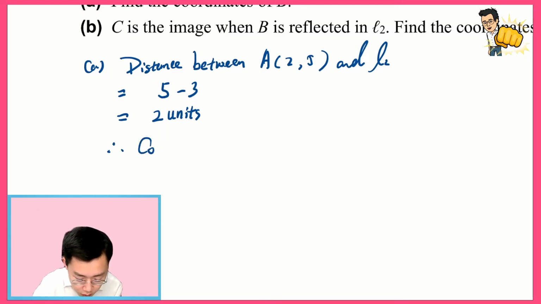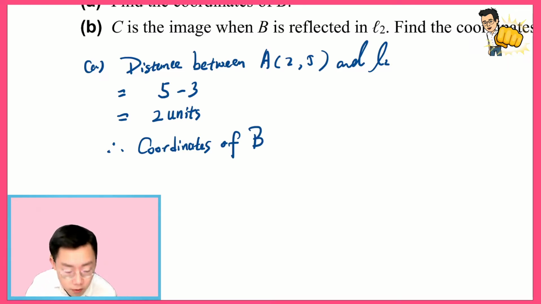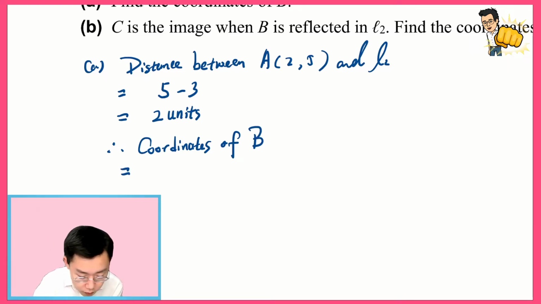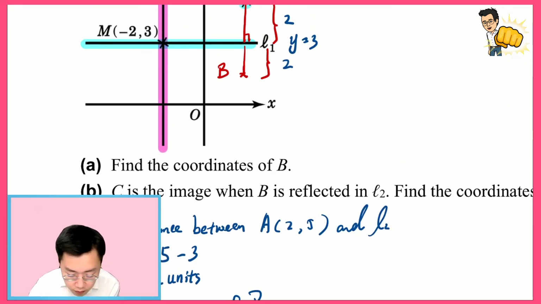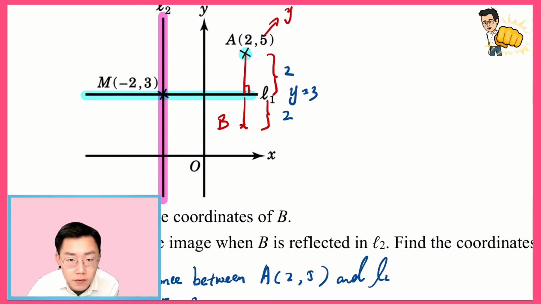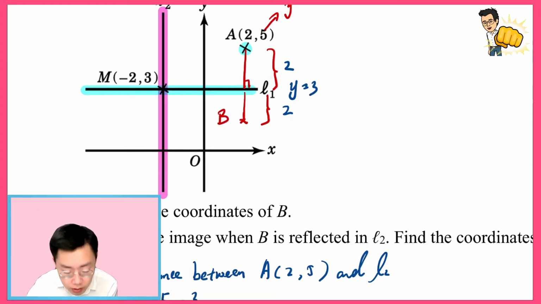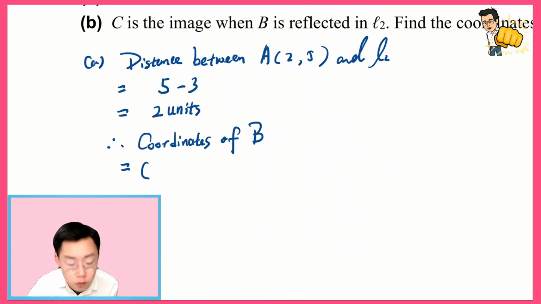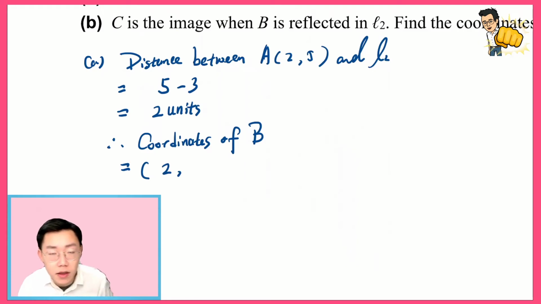Therefore, the coordinates of B. As I mentioned before, the x coordinate of point A and also point B should be equal. Both of these two points, the x coordinate should equal 2, and one thing is changed.